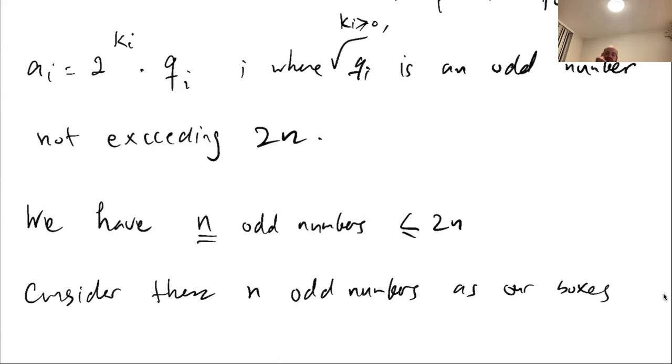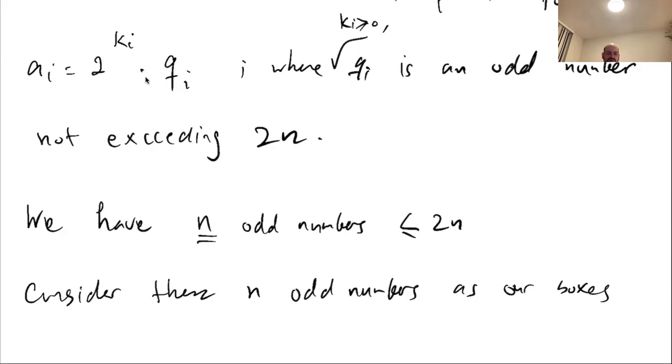I have n plus 1 numbers. So the number of objects must be n plus 1. The number of objects must always be at least one more than the number of boxes, so the number of boxes should be n. Now, what are the boxes? The quantity of what thing is n?